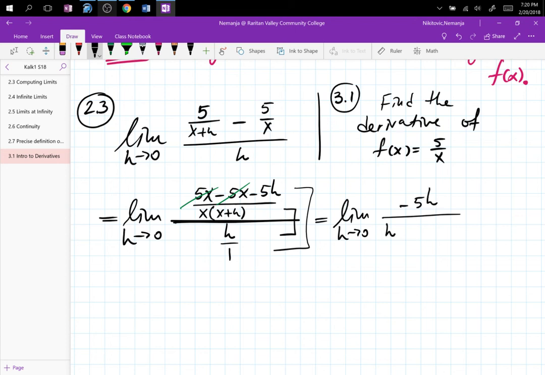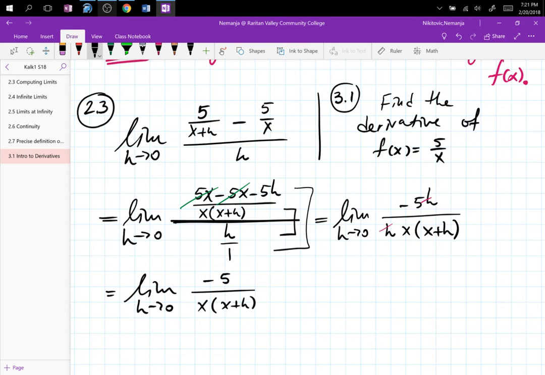And what you have here is h times x plus h. In the denominator, these are all factors, so I can cancel. h dies with h. So what I have is the limit as h goes to 0 of negative 5 divided by x plus h.